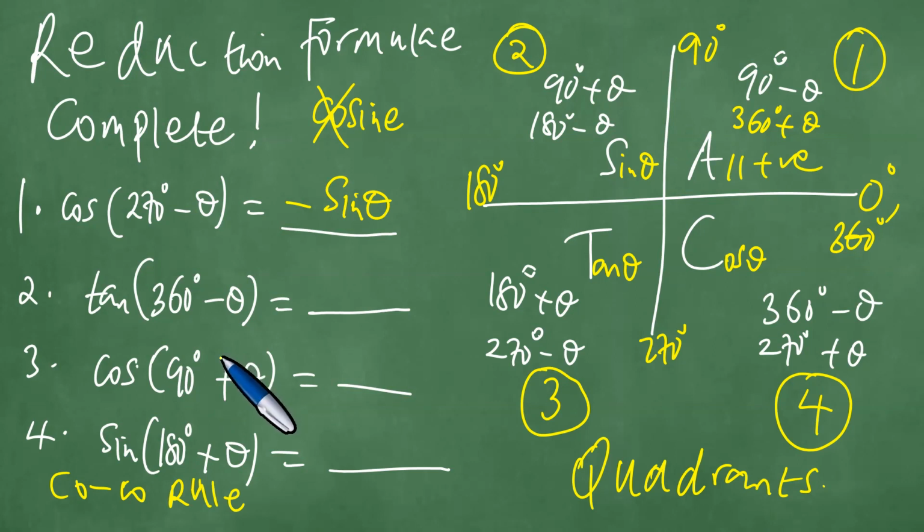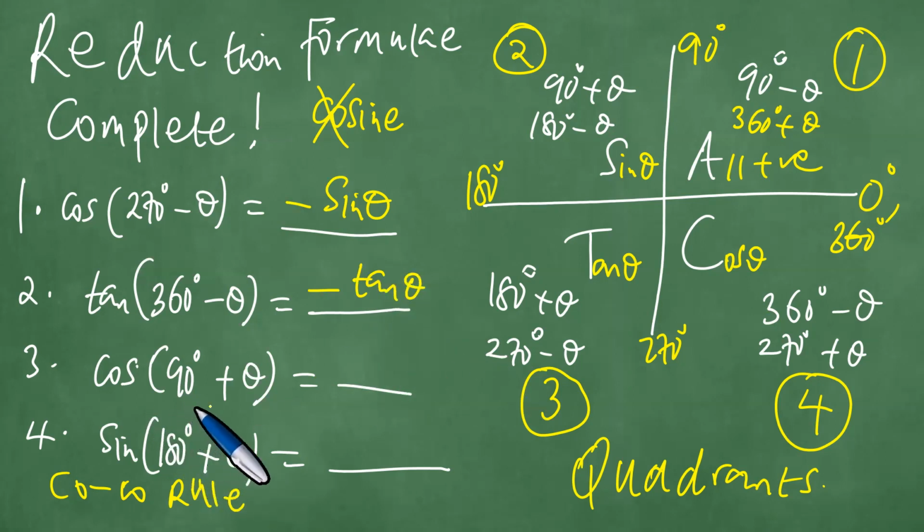Negative tan theta. Well done, because you're dealing with 360 minus, which is in the fourth quadrant where the cosine is positive. With 360 minus, only cosine is positive, so the tangent is going to be negative. Therefore, just copy tan and theta, and you leave out the 360.